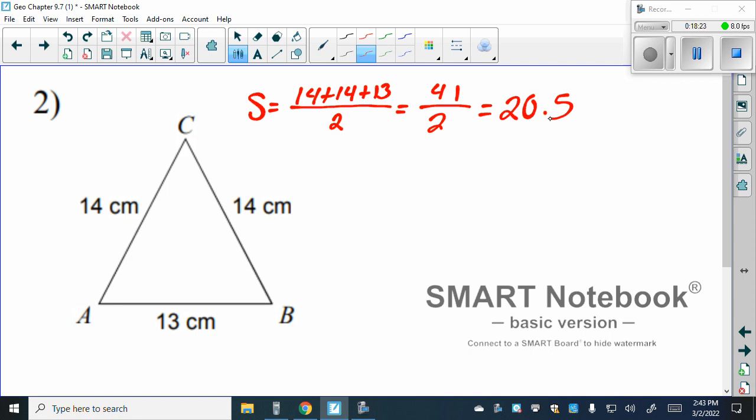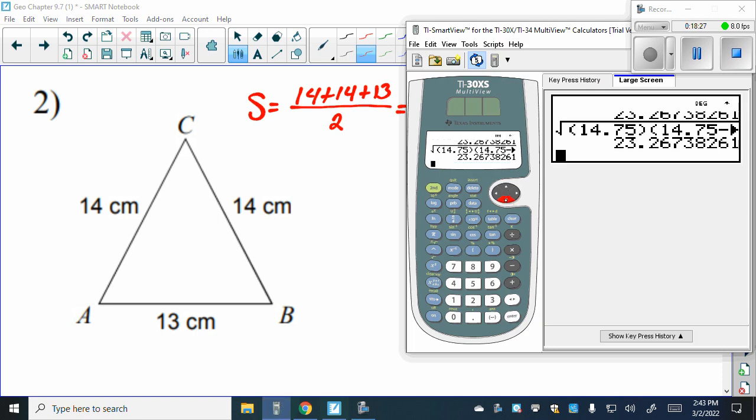That does work, but if we type it in that way, 14 plus 14 plus 13 divided by 2, the issue is our order of operations is parentheses, exponents, multiplication, division, left to right, then addition, subtraction, left to right. So what the calculator is going to do here is divide 13 by 2 first, which would give us 6.5, and then add the other two numbers to it.